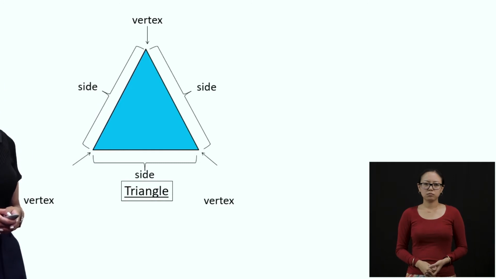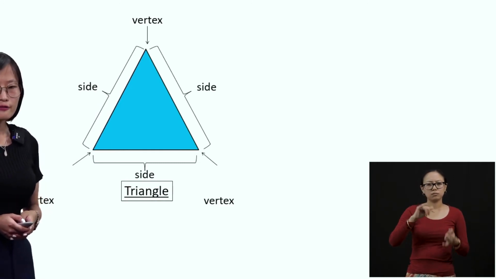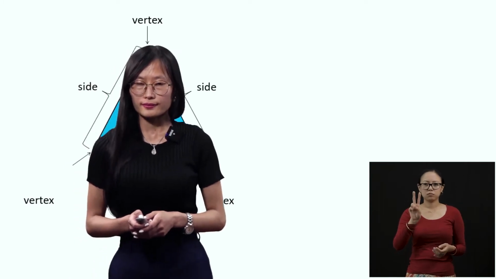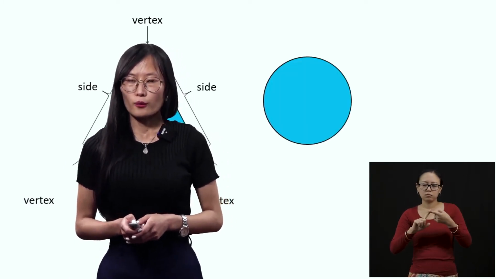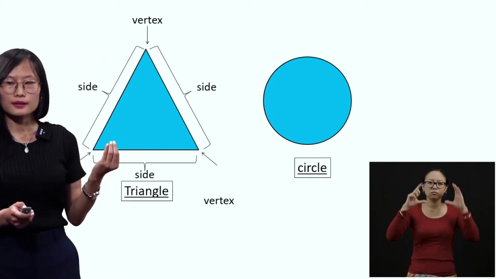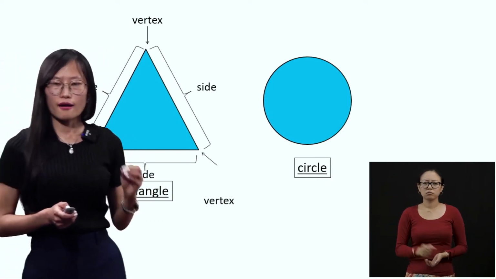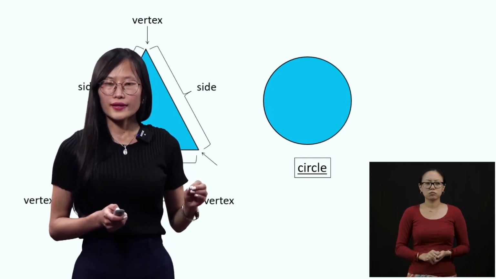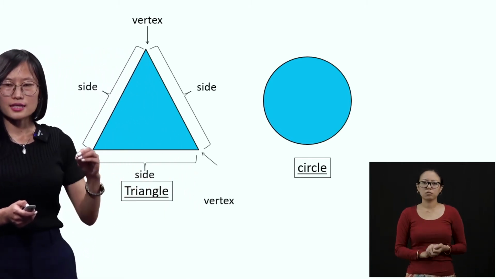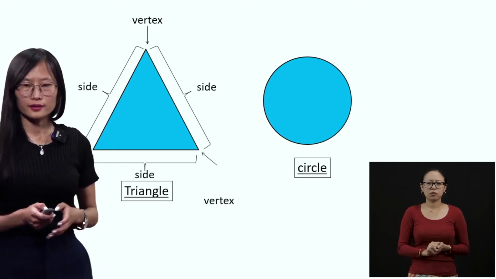So altogether it makes three sides and three vertices. Now we have the circle. This is a circle, just a simple circle. It has only one face and doesn't have any sides or vertices because it is just one simple curve.